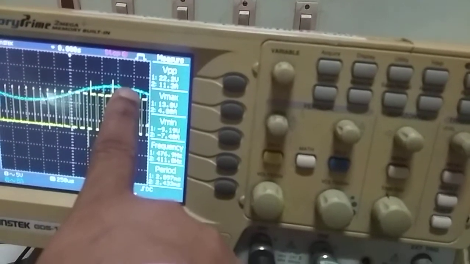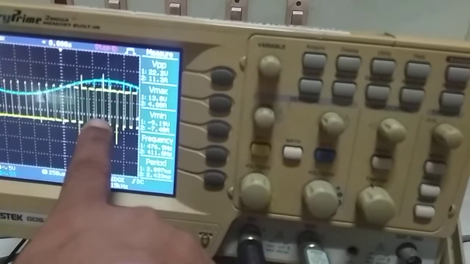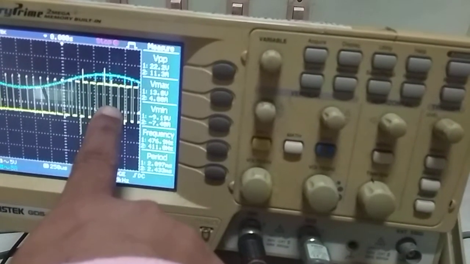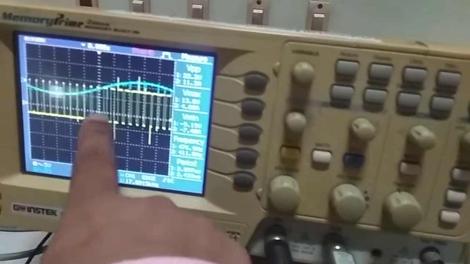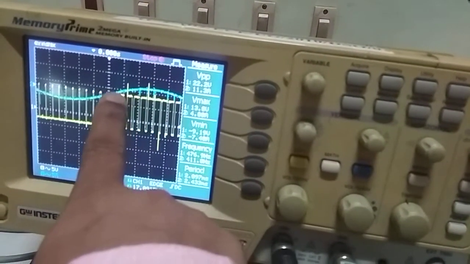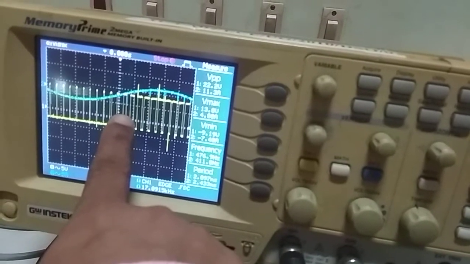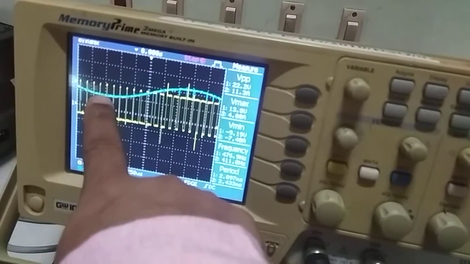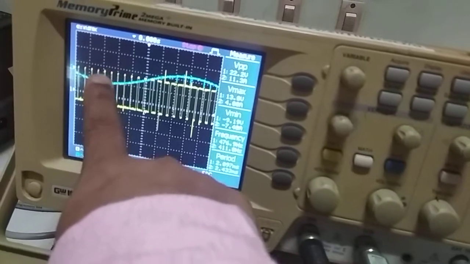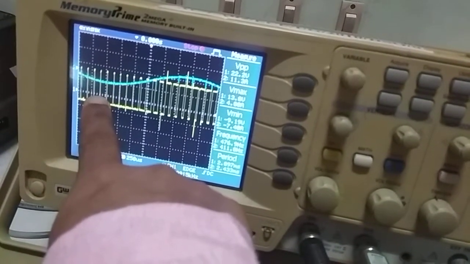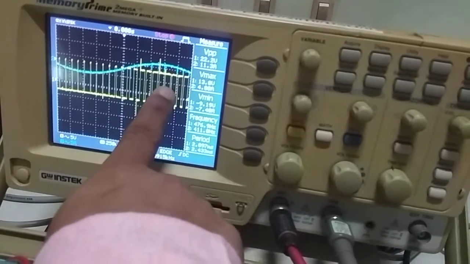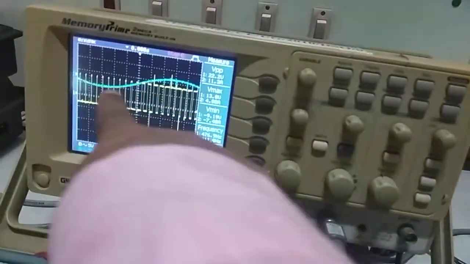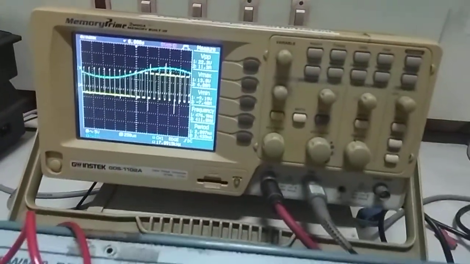Whenever the message signal is at peak amplitude, the width of the pulse will be maximum. That is T on time or tau, that is maximum. And whenever it decreases, look at this, the T on time is also decreasing, and when it is at the minimum position, the T on time tends to 0, right? So that is why this is called pulse width modulation. The pulse widths of the pulses are varying in accordance with the message signal amplitude, right?